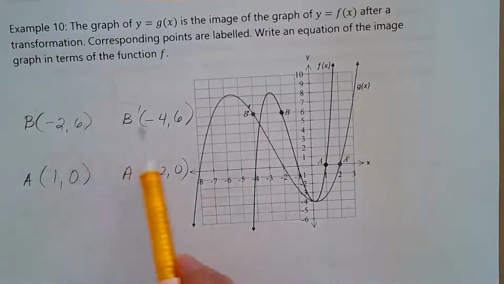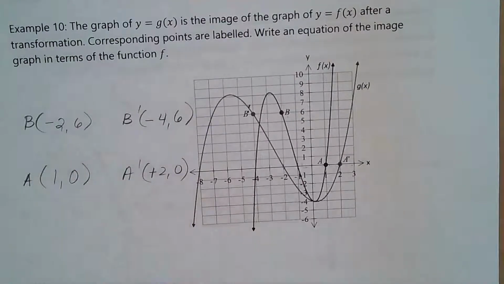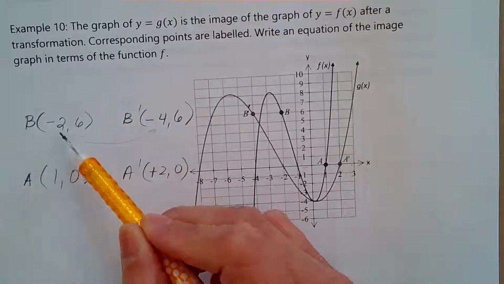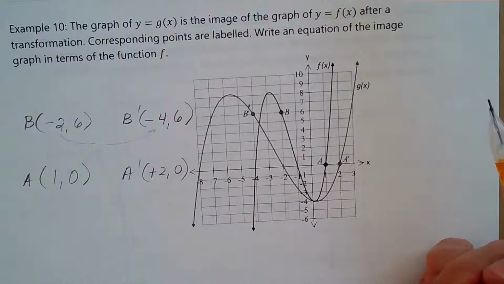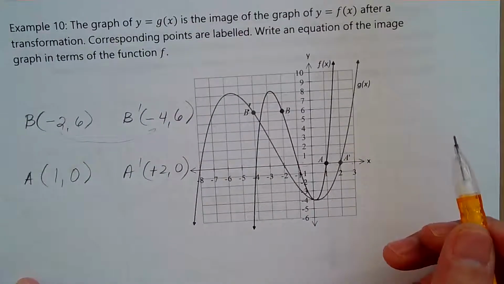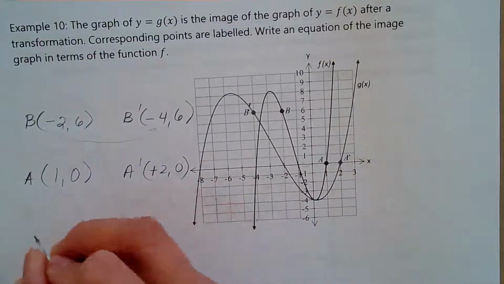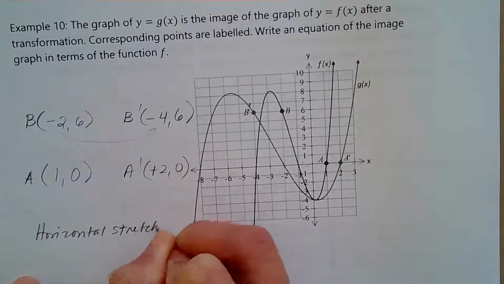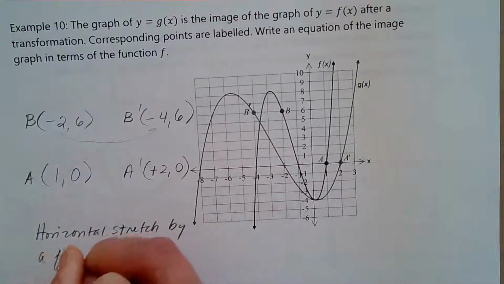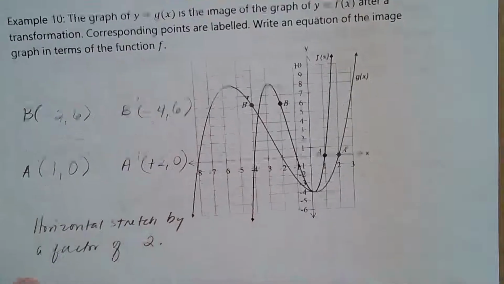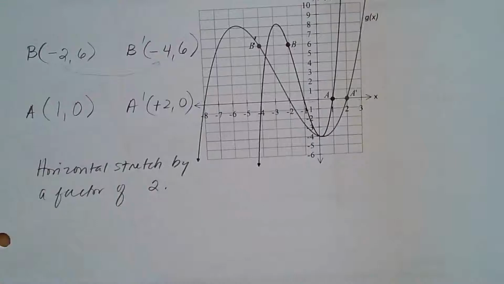No. So the Y stays the same, so there's no vertical stretch there, but there's a stretch for the X. So what's the stretch for the X? 2. Okay, so there's a horizontal stretch by a factor of 2.